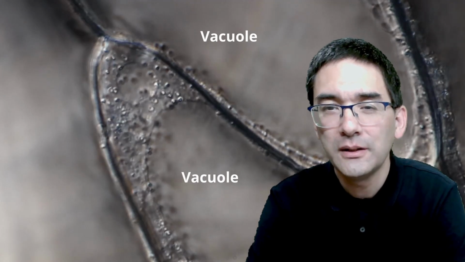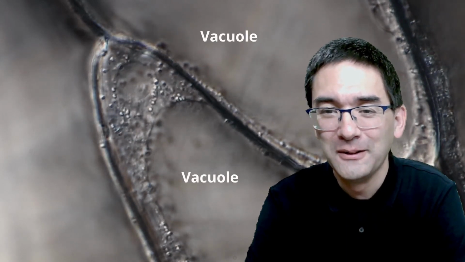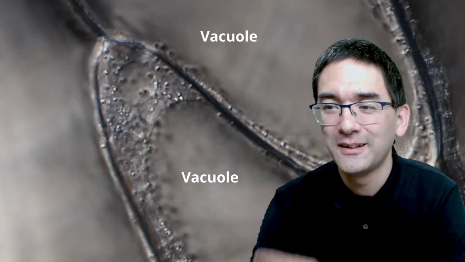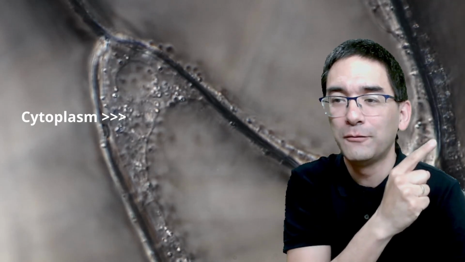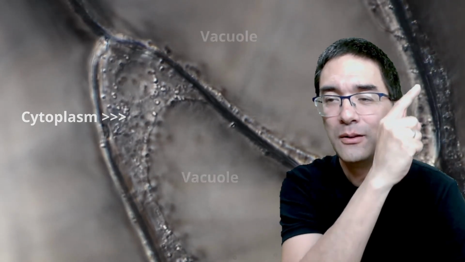You see that the vacuole is really large and it almost fills out the whole space of the cell. There's not a lot of space for the cytoplasm left. Look carefully at this line over here. This dark line is the cell wall.